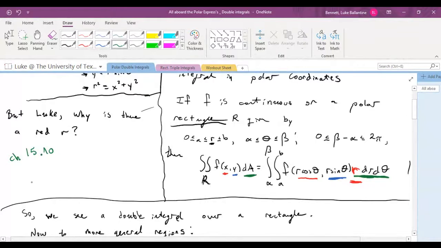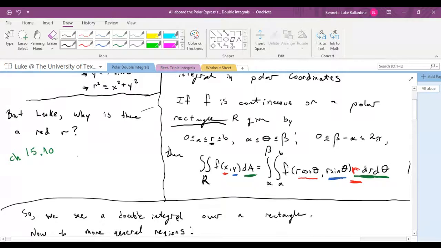But basically, what we have going on is a generalization of u substitution to multiple integrals, and it's called the Jacobian. So the r comes from the Jacobian matrix.